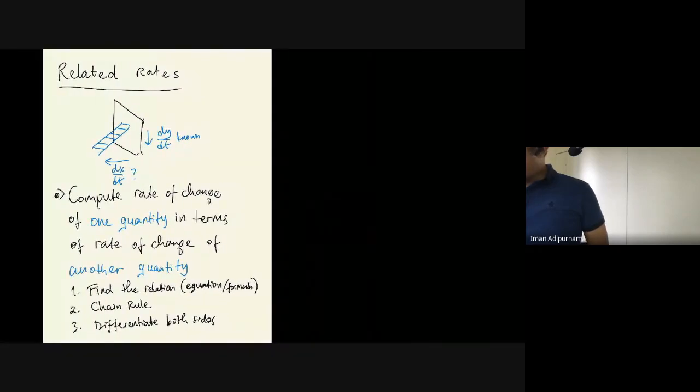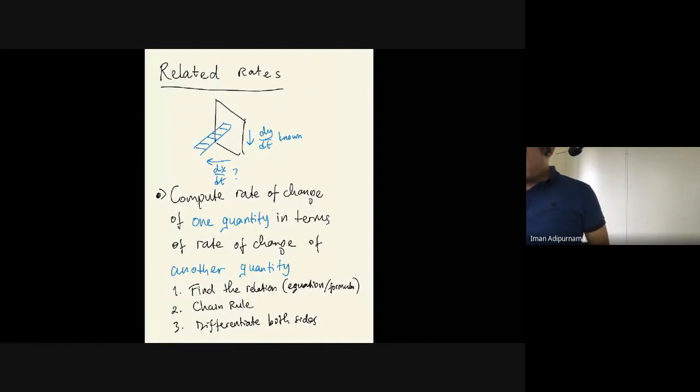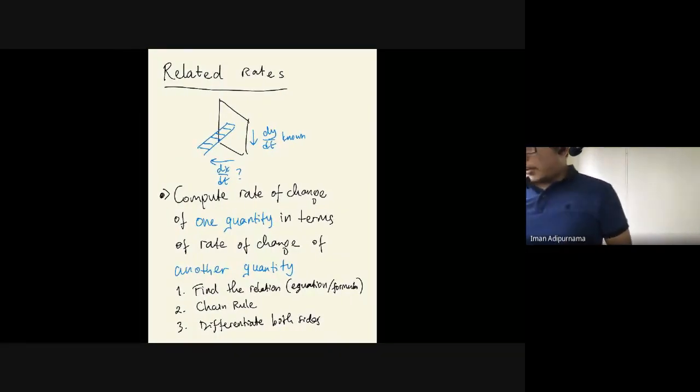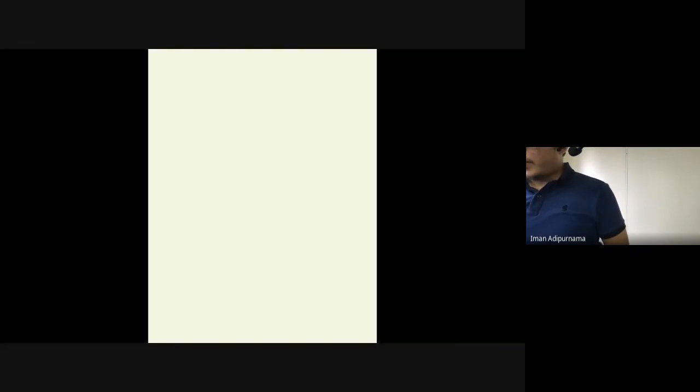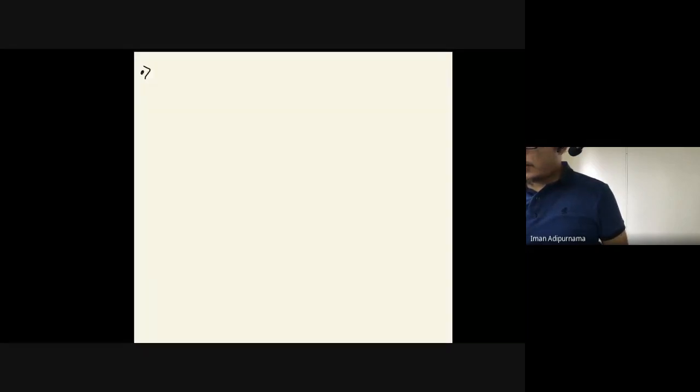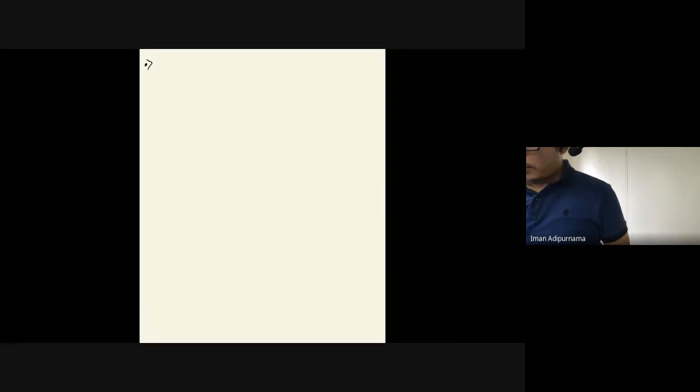Because I haven't written it, maybe I will write it down for you. Let's go for maybe one or two examples. Let me write the question for you. Car A is traveling west at 50 miles per hour.